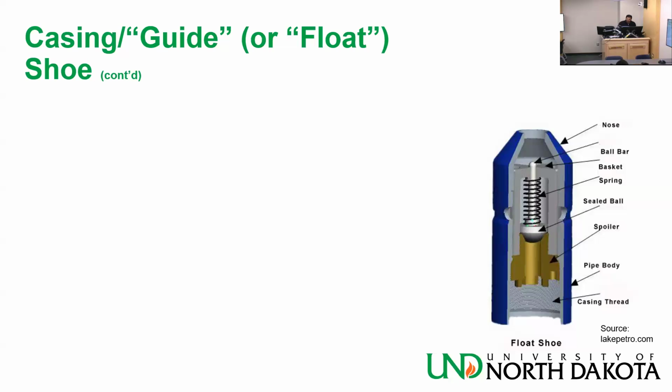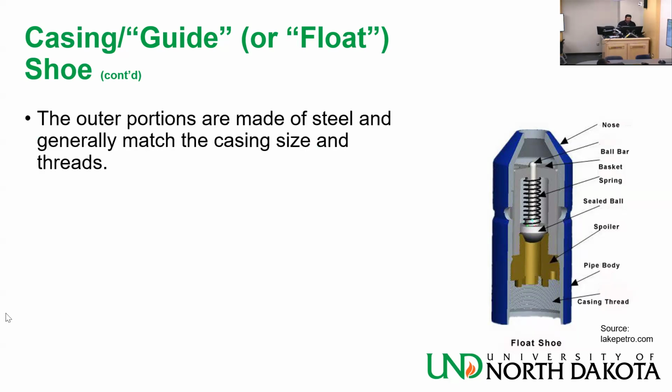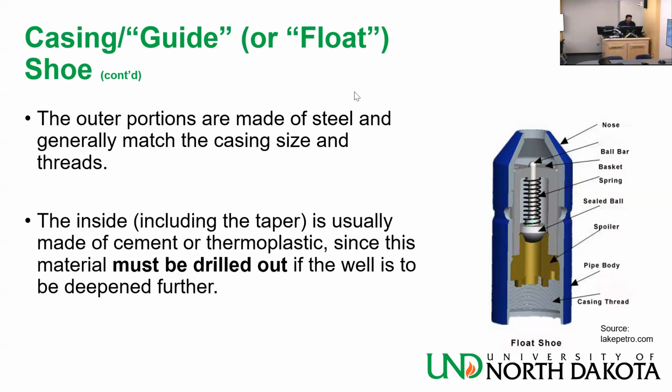This is another picture of a casing shoe, again upside down. These are the different parts. That's one design of a casing shoe. There are so many designs. The outer portions are made of steel and generally match the size of the casing and threads.